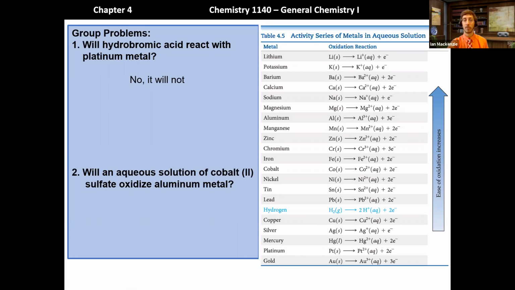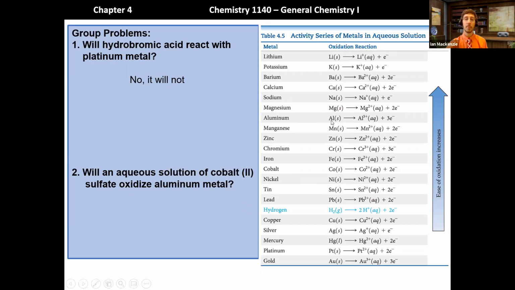So that won't occur. But what about an aqueous solution of cobalt-2 sulfate? Will that oxidize aluminum metal? Well, what are the ions that are present? There's cobalt-2, that would be cobalt-2 plus ions. So let's find cobalt. Cobalt's here, so we're talking about the cobalt-2 plus ions. And then aluminum metal, that would be just aluminum solid, that's up here.